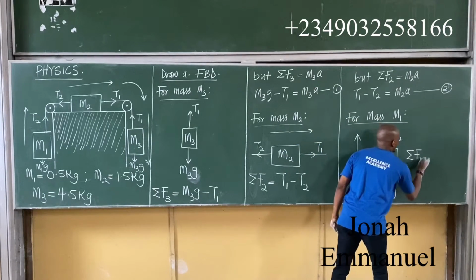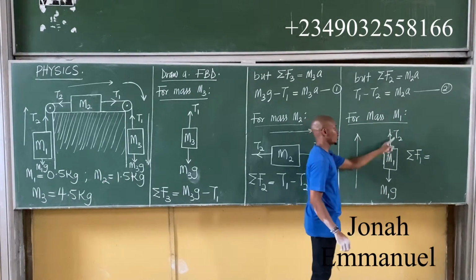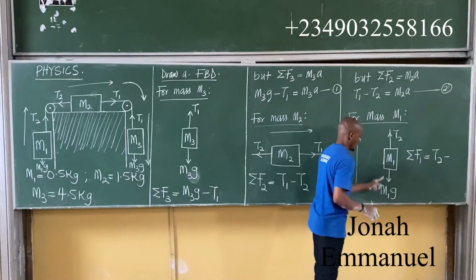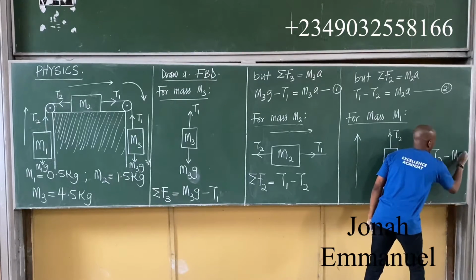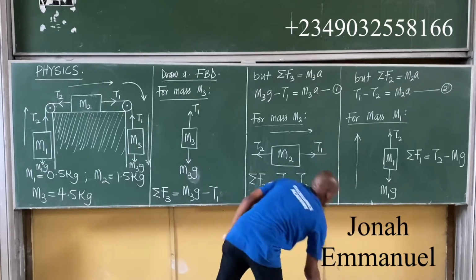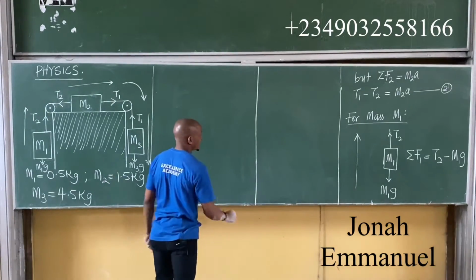So if I get the sum of force 1, this is going in the same direction as the motion, so it becomes positive T2 minus, this is going in the opposite direction, M1G.